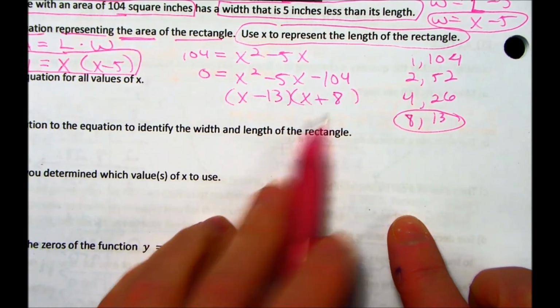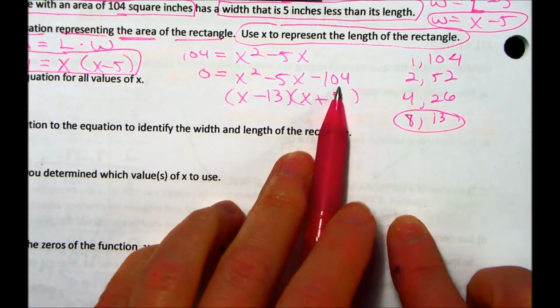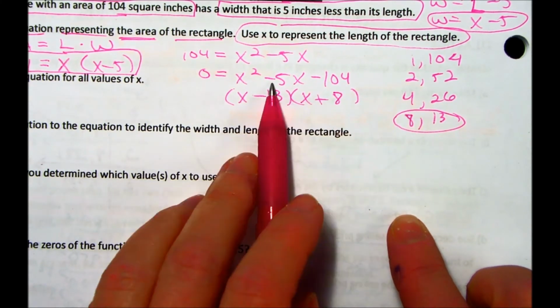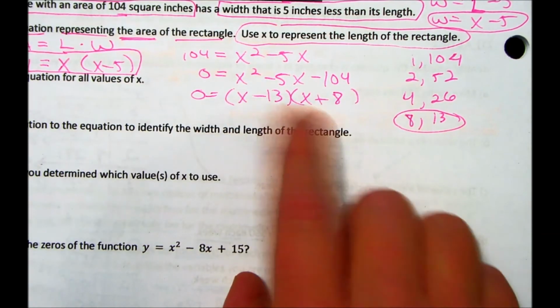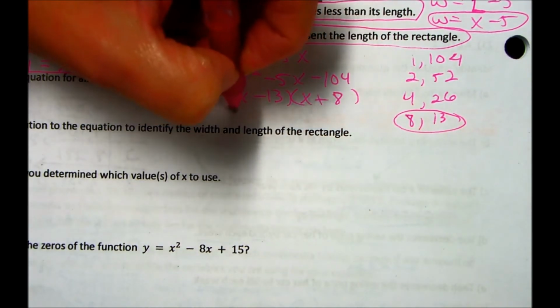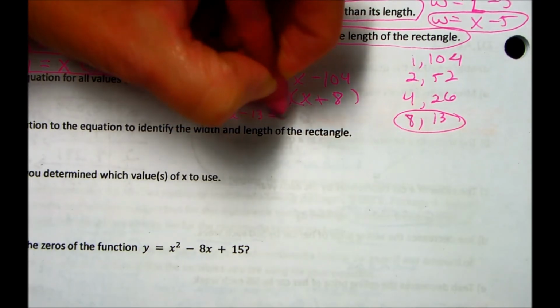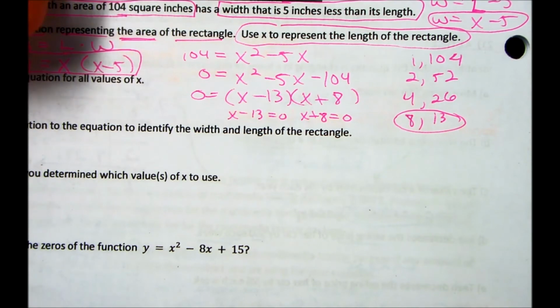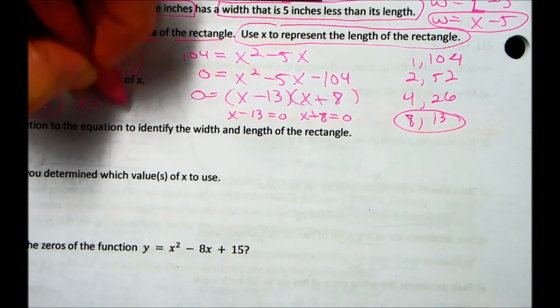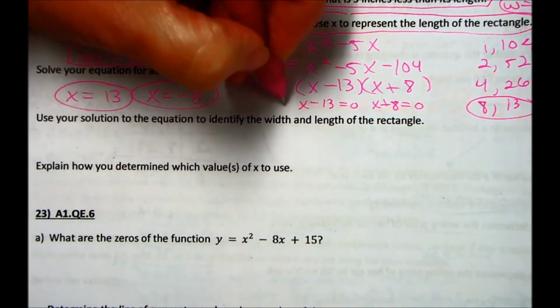If they multiply together, you'll get a negative 104, but if you add the negative and the positive, you get a negative 5. So just like before, if we set each one of those equations equal to 0 and solve, your solutions would be 13 and negative 8. Okay, so those are your possible solutions.